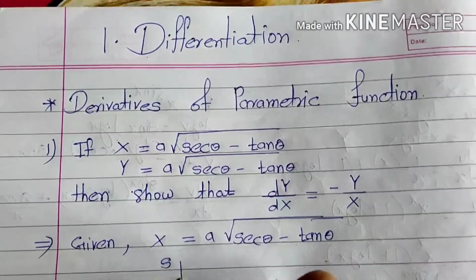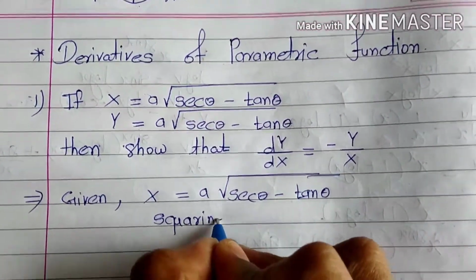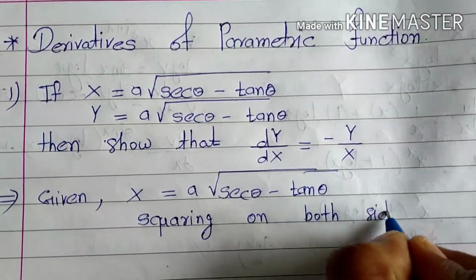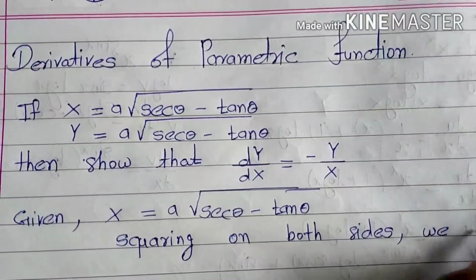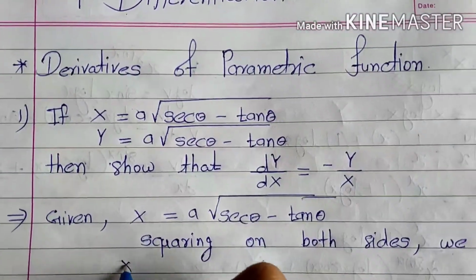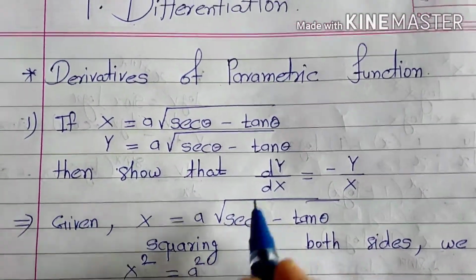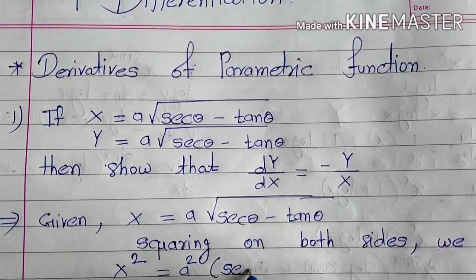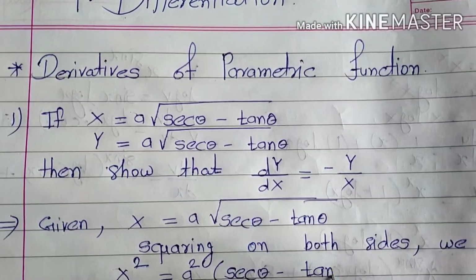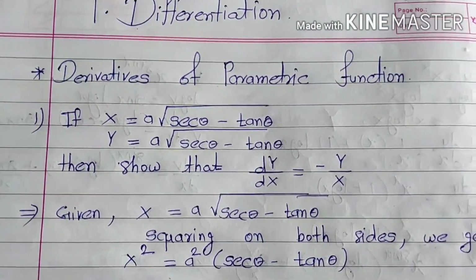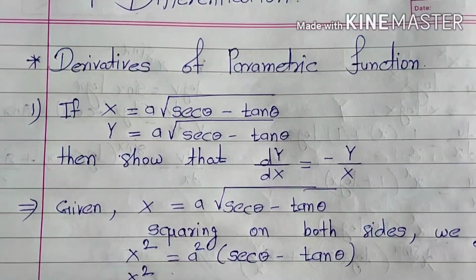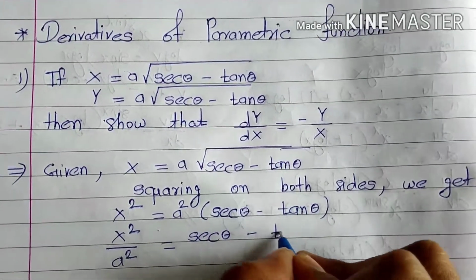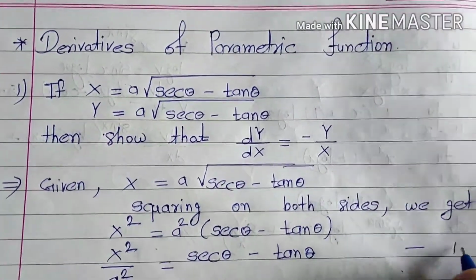Squaring on both sides, x square is equal to a square, and if we square, then this square root gets cancelled, so we get only sec theta minus tan theta. Then this a square we take here like that, and call it equation first.